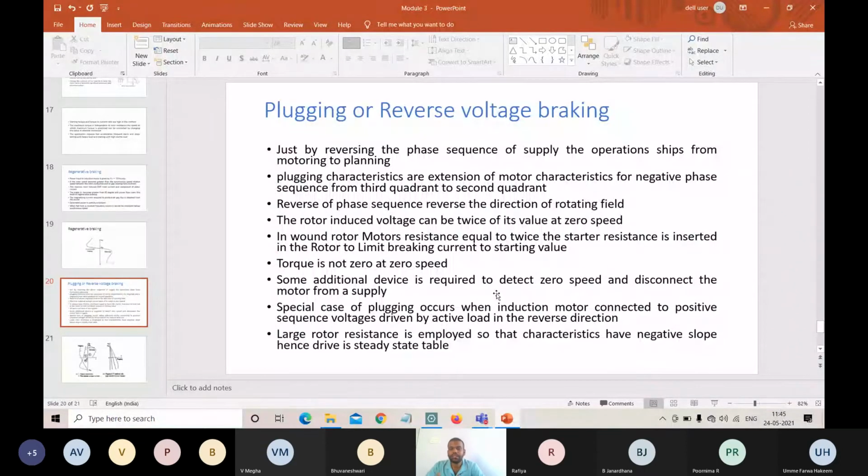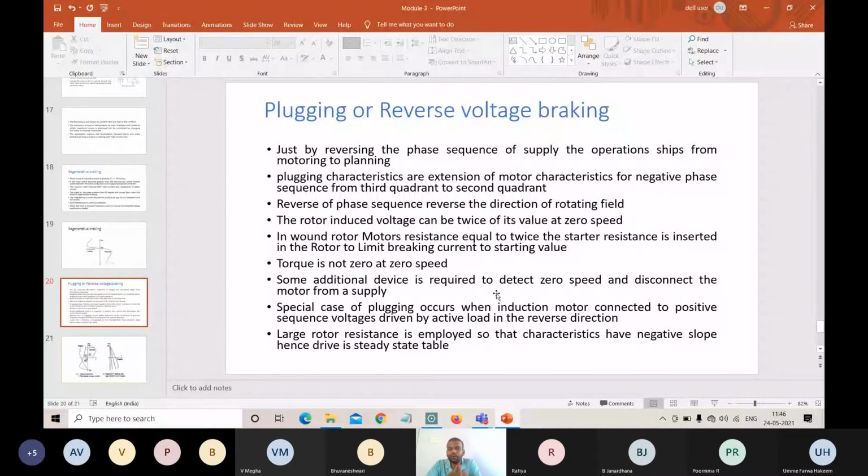So the resistance inserted into the rotor at the time of starting should be twice the value of the rotor winding resistance.